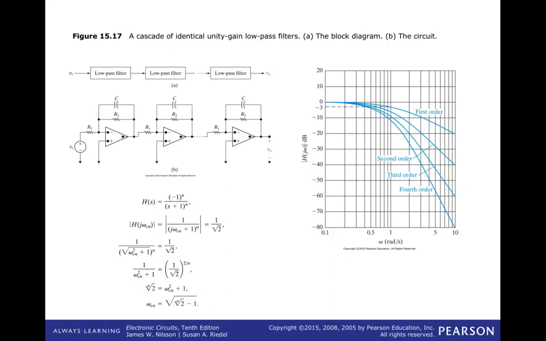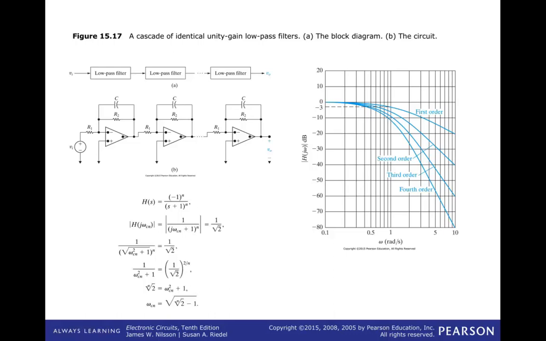Then the magnitude would be actually 1/2. If you let this be 1 and n is 3, then it's 1 over 2 to the 3/2 power, and so on. So in other words, this value for higher order filters is not equal to 1 over the square root of 2, or -3 dB.